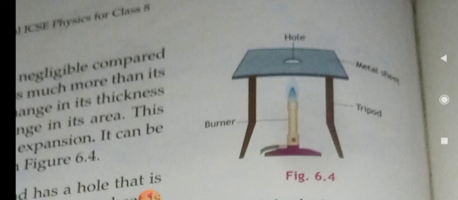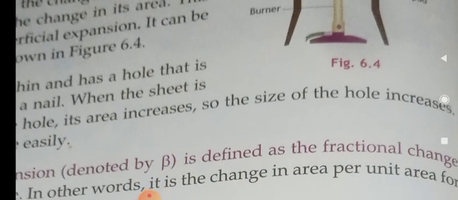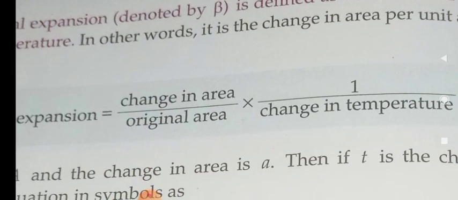There we studied length. Here the change in area per unit area for 1 degree Celsius change in temperature is known as the coefficient of superficial expansion. It is change in area by original area into 1 by change in temperature. Did you understand, children?